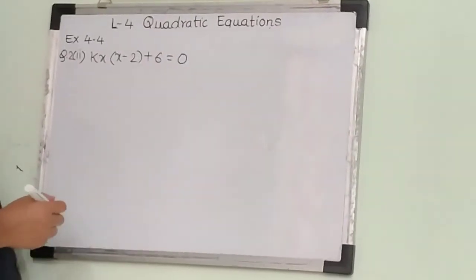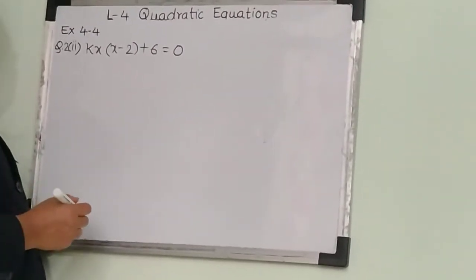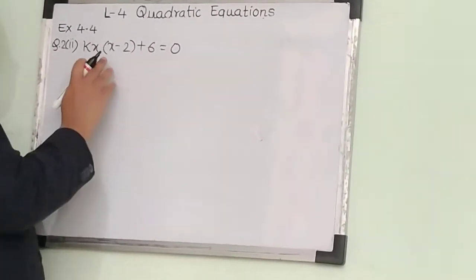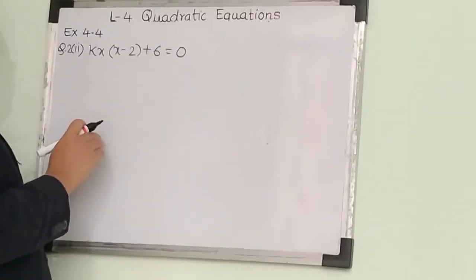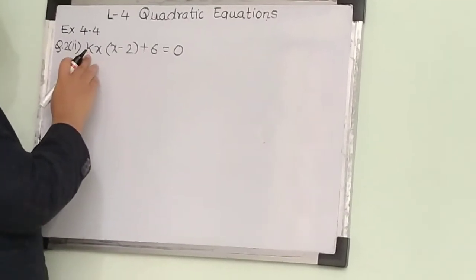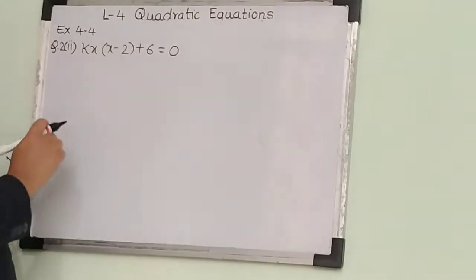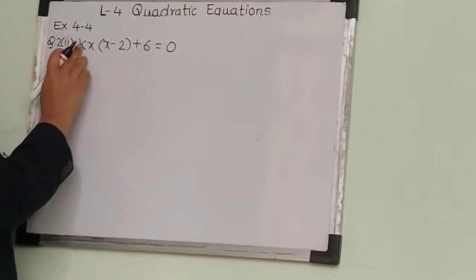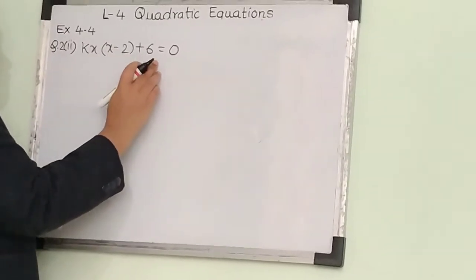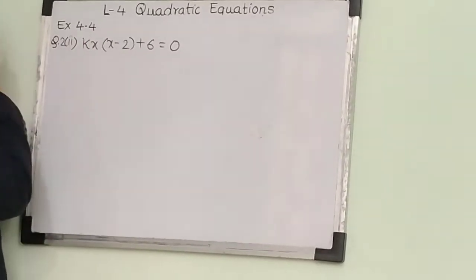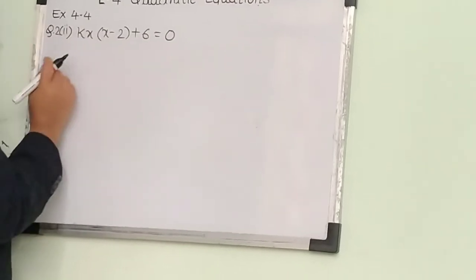Now see question number 2. We are given that the given equation has equal roots, and we have to find the value of k. So first I will take one example: kx into (x minus 2) plus 6 equals 0. First I am going to open this bracket.